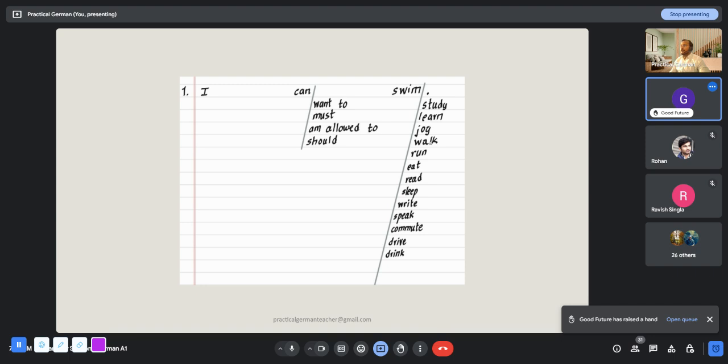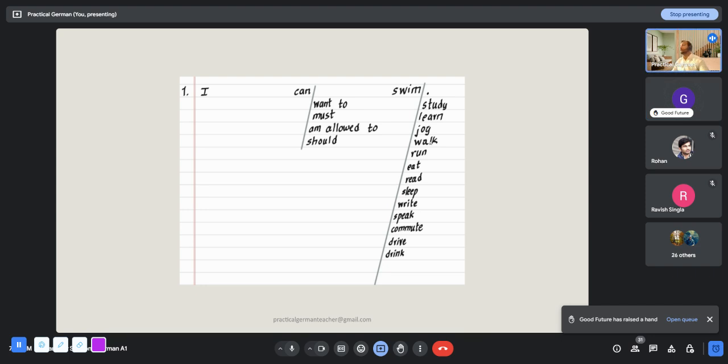When you travel by train, it's not fahren, because you are commuting. It means pendeln. Drive, fahren. Drink, trinken.